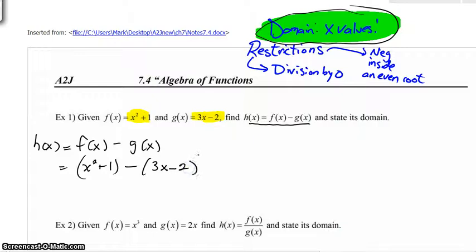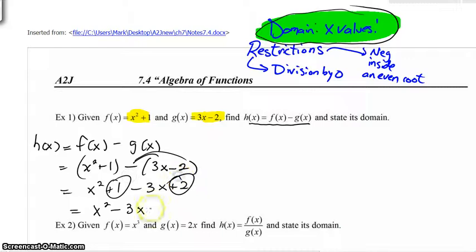That's your g of x. When we have these subtractions, of course, you can distribute your negative. Here you'll have x squared plus 1 minus a 3x and then a plus 2. And as you combine your like terms, you'll have x squared minus a 3x, then a 1 and a 2 will add up to a 3. So your h function is actually right here, x squared minus 3x plus 3.